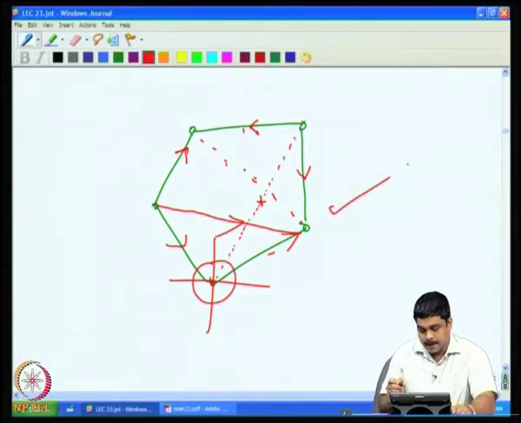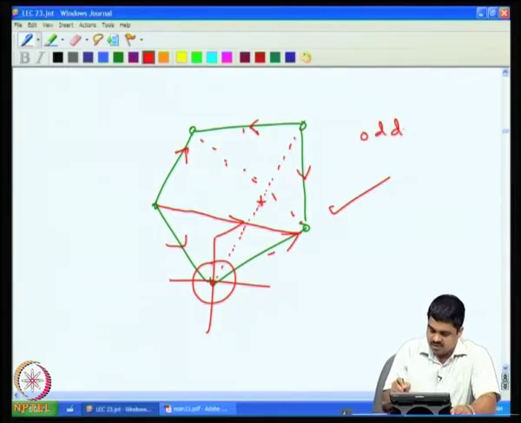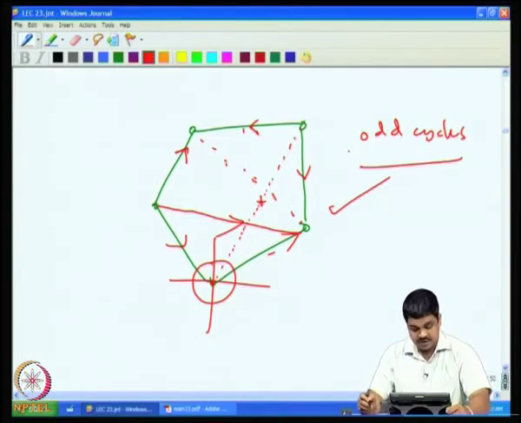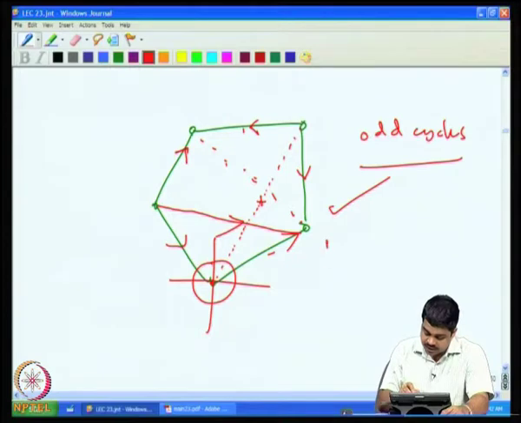So, it is a contradiction. As we can see, this will happen for all odd induced cycles, as long as this edge is not there. If there is an odd induced cycle in the graph, we cannot give arrows consistently, right. Transitive orientation, it is called transitive orientation, is not possible.